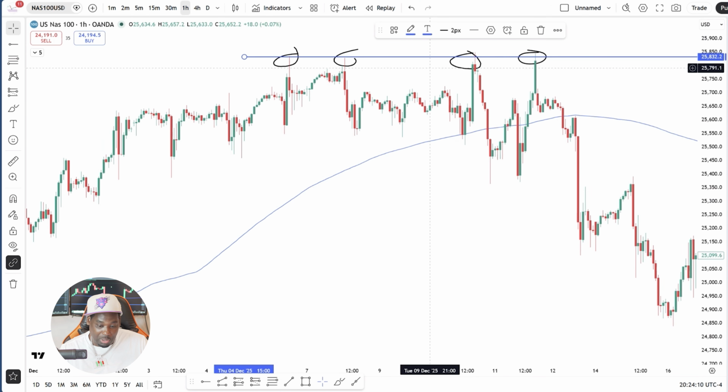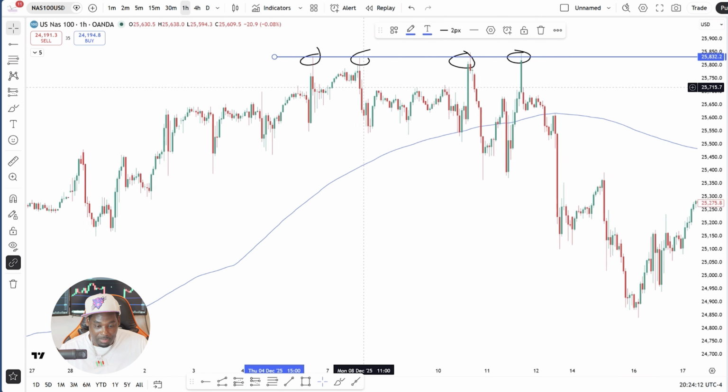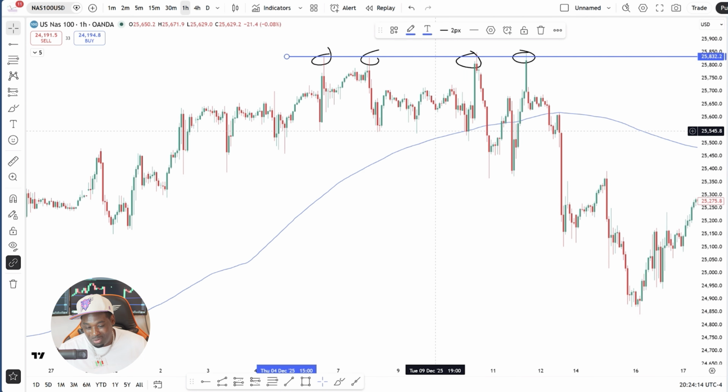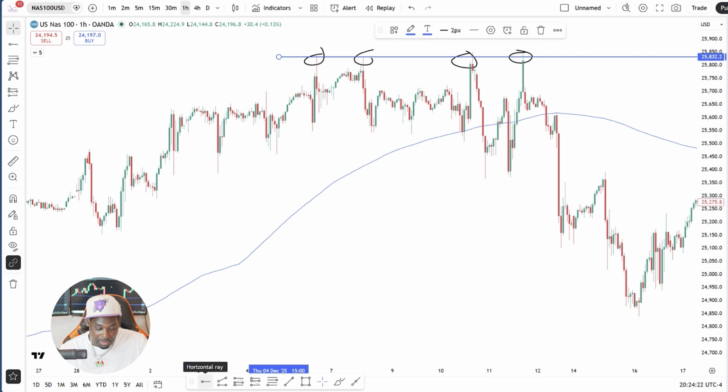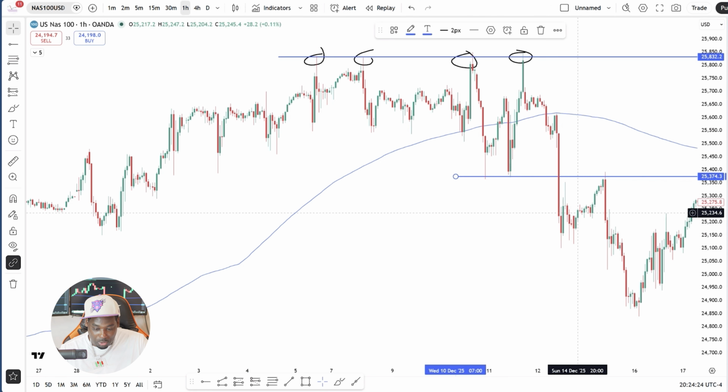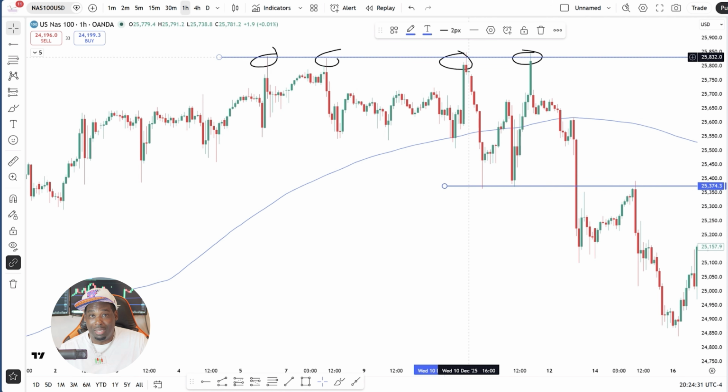Or you can say, you know what, let me look for a little bit more confirmation, and you wait for it to maybe break down and test the resistance to the downside, which you can do that too. But this way right here is a good way too to get in, because you can definitely get a little bit more profits when you're trading this way. Okay. So let me show you guys the next reversal.